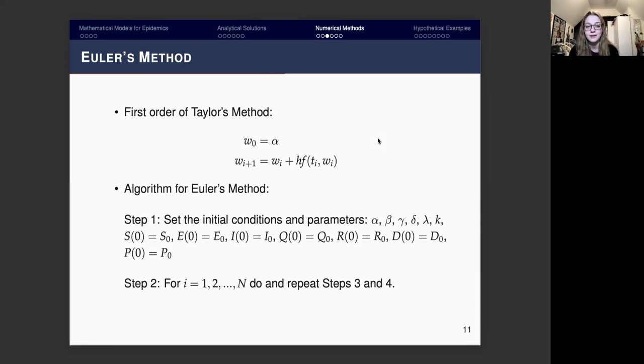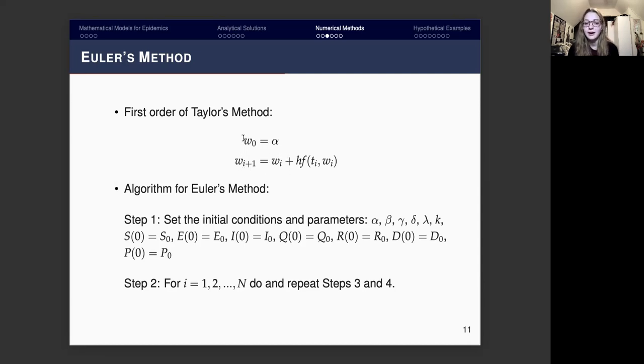So the method I'll be talking about is Euler's method, since we are a little short on time. So the first order of Taylor's method is Euler's method. So we start with an initial value, alpha, and we use this to find W1 and W2. And so we use this to find our next value. So if you want to find W1, then we'd have i is equal to 0.